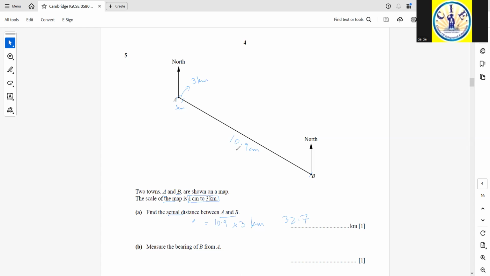If someone measures this length to be 11 centimeters, the answer is going to be 11 times 3, that is 33 kilometers. If someone measures this distance to be 11.1 centimeters, then the distance would be 11.1 times 3, that is 33.3 kilometers.